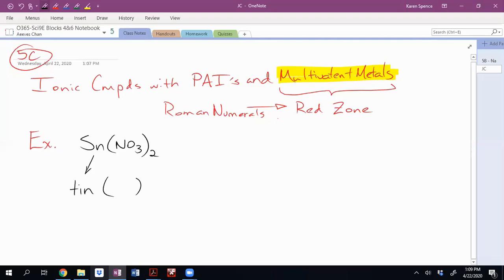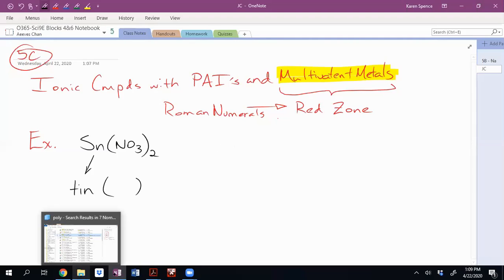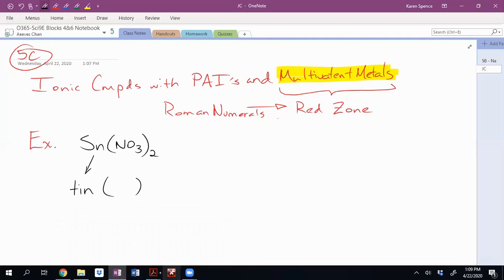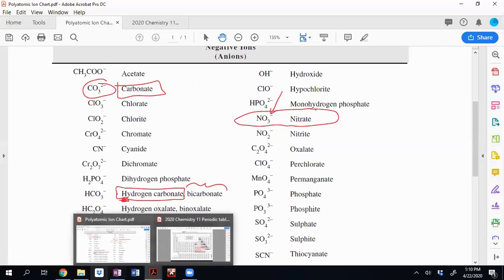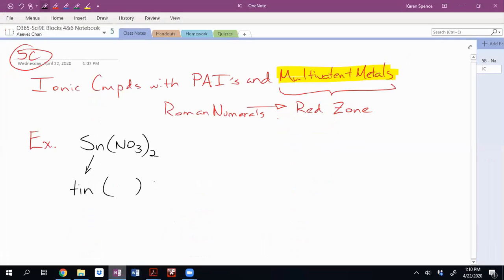We go and look up NO3. NO3 is nitrate. And one of the things that you're going to need to look up again here is that it has a -1 charge, okay? It's just -1. So this is going to be tin something nitrate.